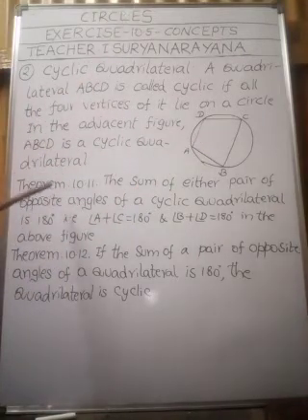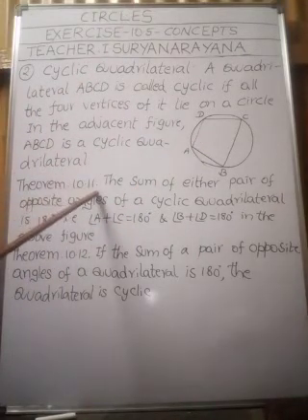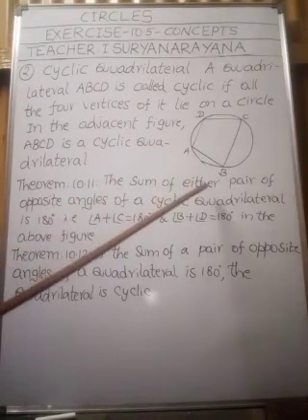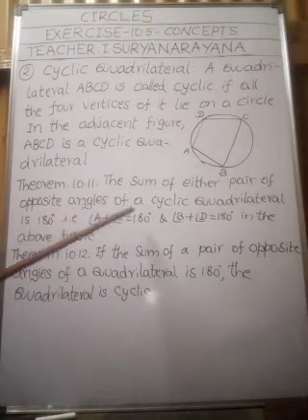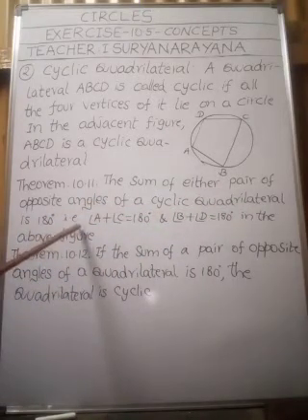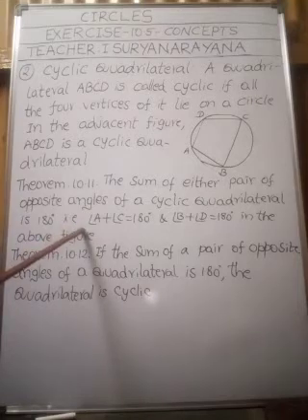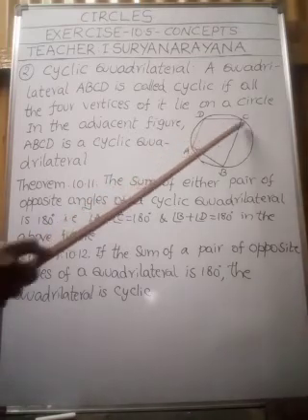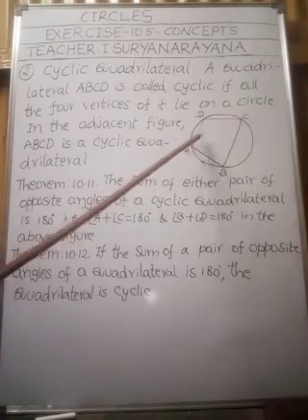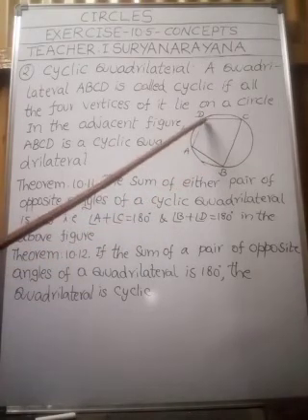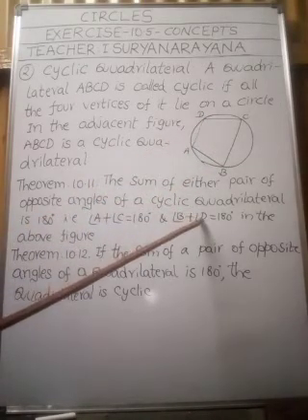Right. Now come to theorem 10.11. The sum of either pair of opposite angles of a cyclic quadrilateral is 180 degrees. This is the property of a cyclic quadrilateral: the sum of opposite angles, angle A plus angle C, is equal to 180 degrees, and angle B plus angle D is equal to 180 degrees.